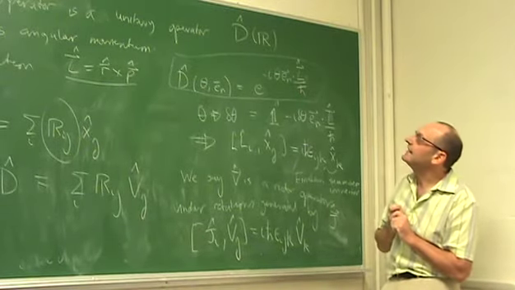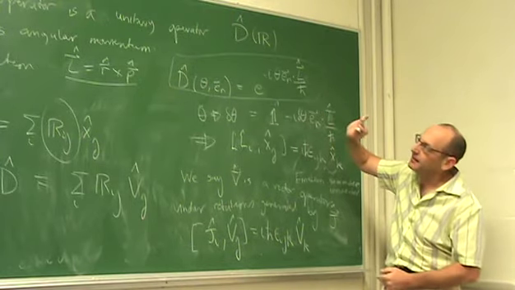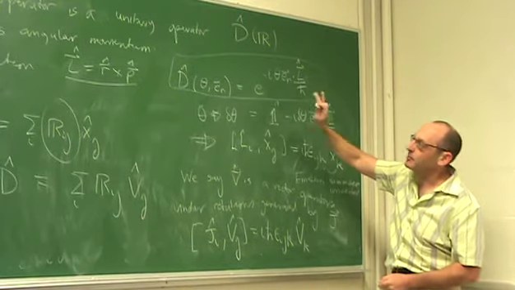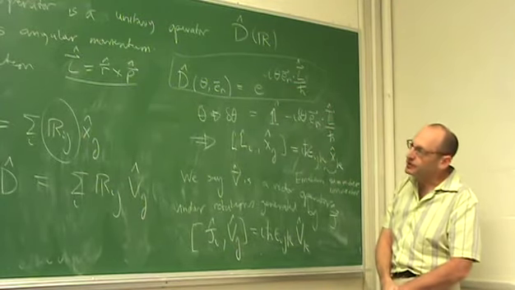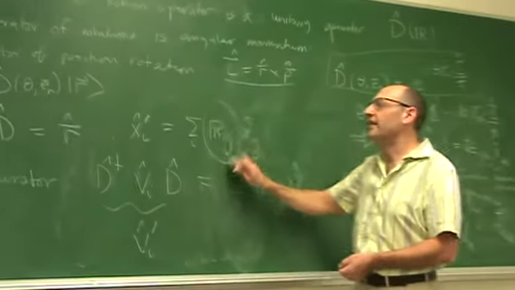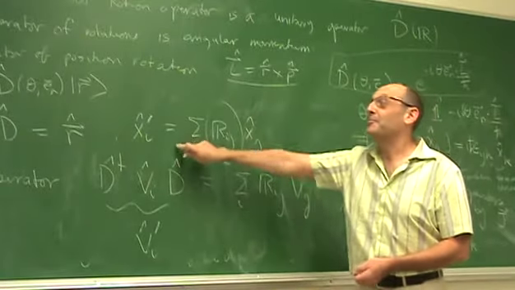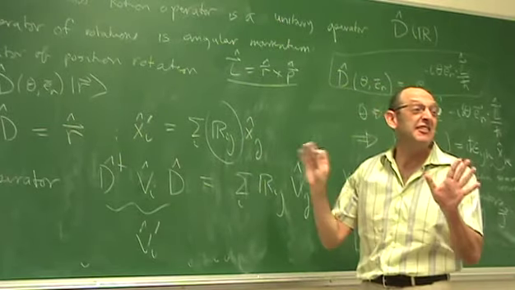But the point is that the group of rotations in quantum mechanics is the group SU(2), and nonetheless, its operation on the components is expressible this way, where these are SO(3) matrices. Subtle little point there.